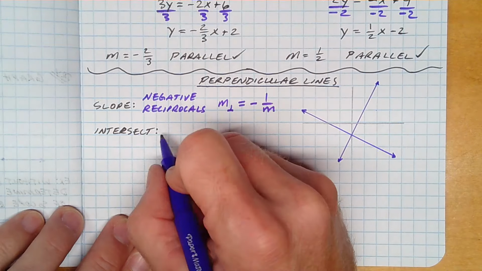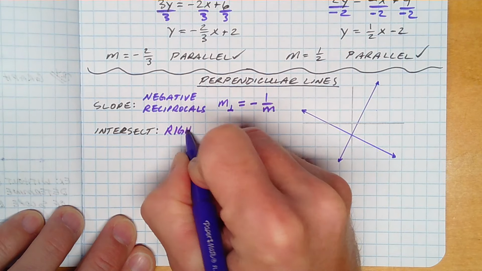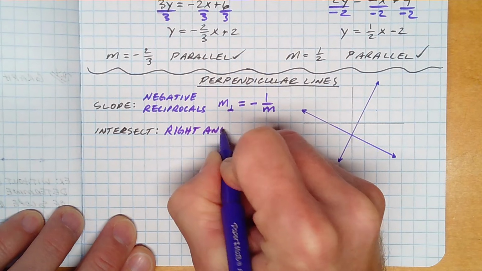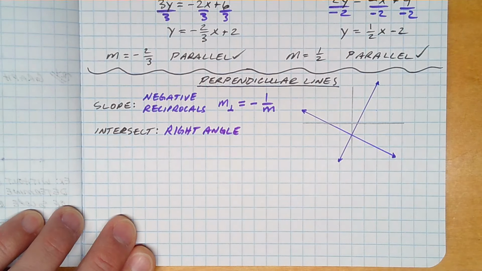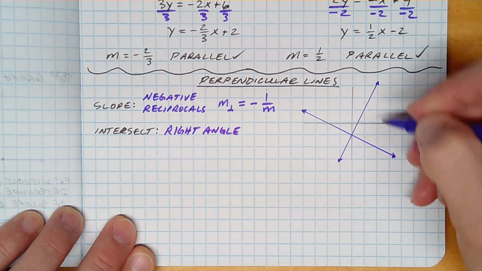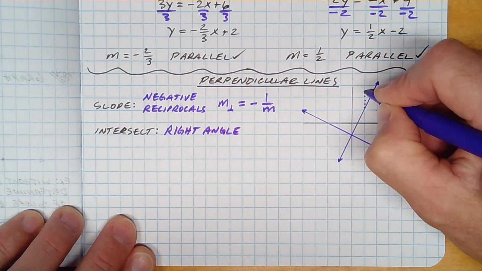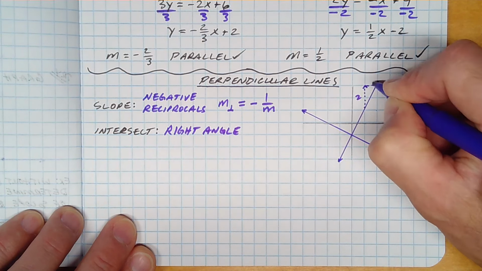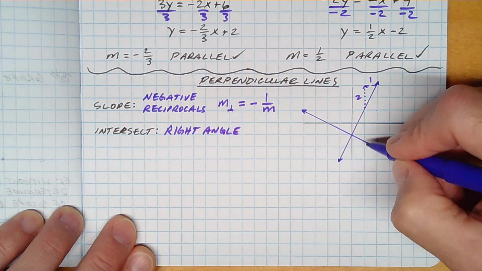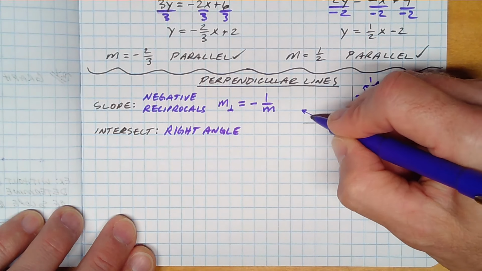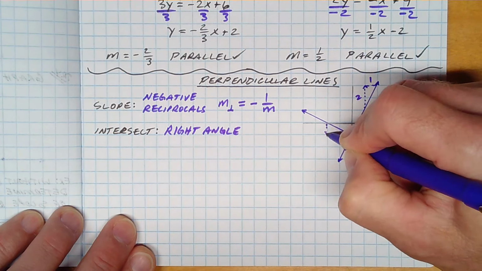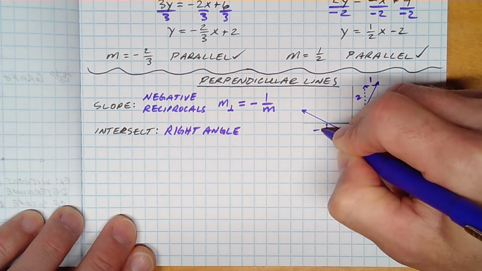And they intersect at right angles, right? A 90-degree angle. So you can see this example of perpendicular lines. This line has a slope of 2/1, and this line has a slope of negative 1/2.